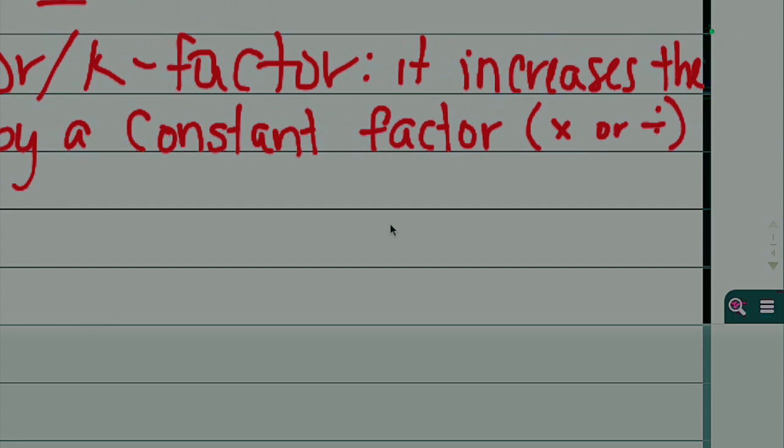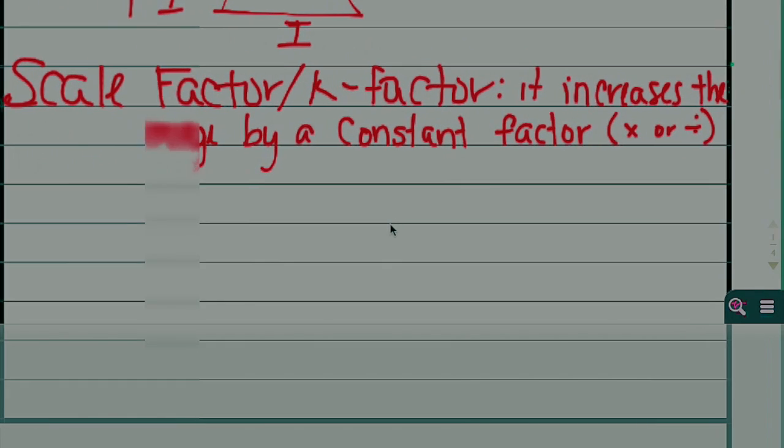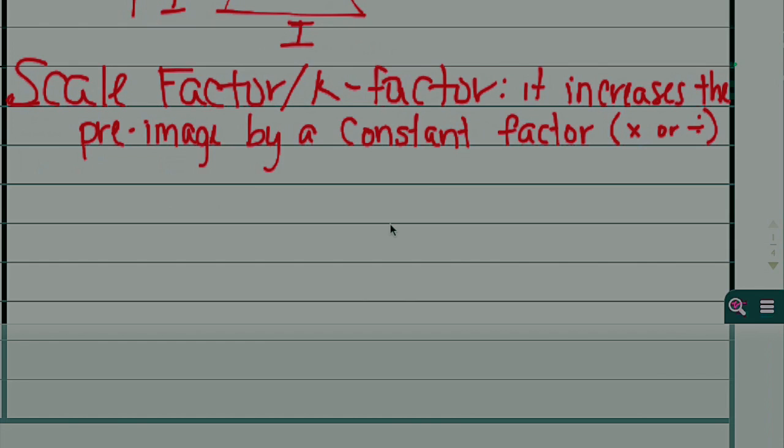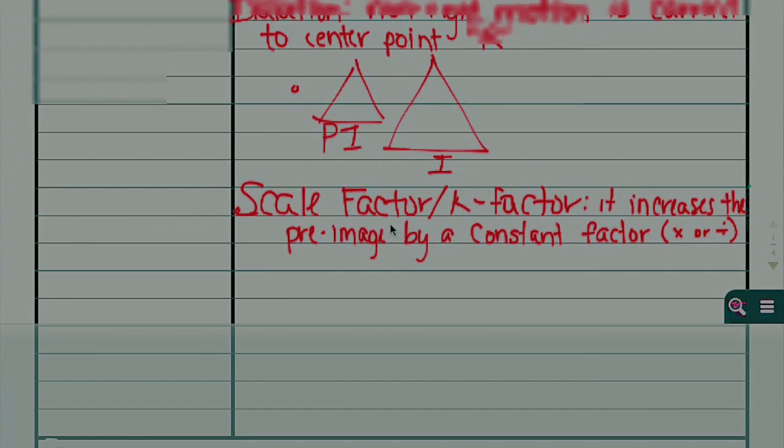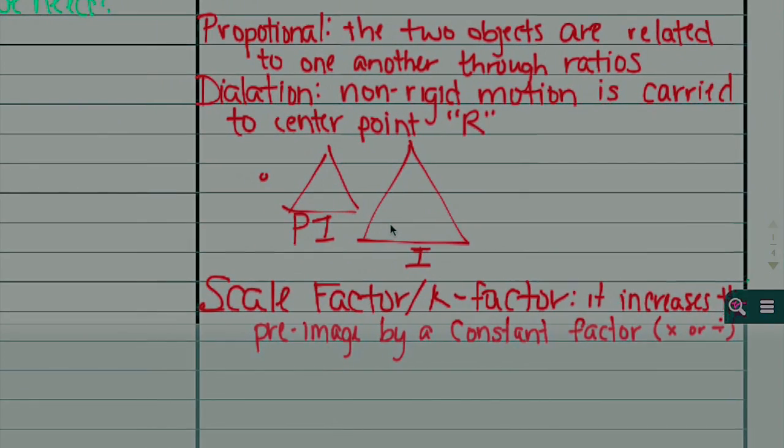Say if your scale factor is 2, then you'd increase it by 2, or say you want to decrease it by a half, you can either multiply it by a half or divide it by 2.